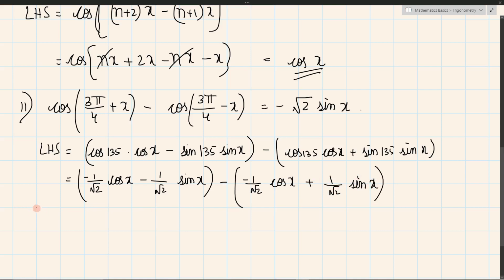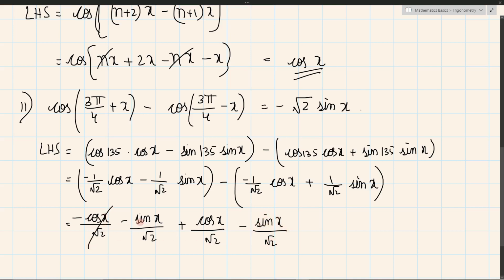Right, so this can be written as minus cos x by root 2 minus sin x by root 2 plus cos x by root 2 minus sin x by root 2.